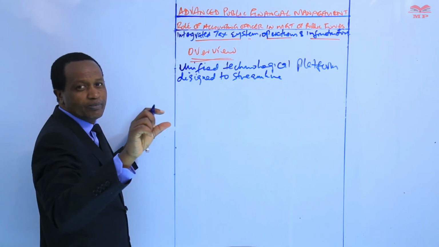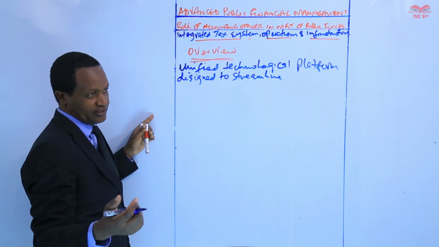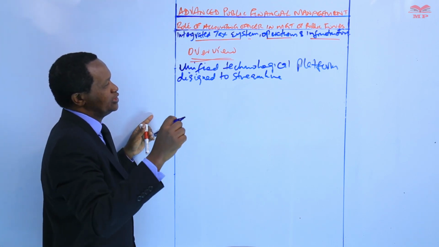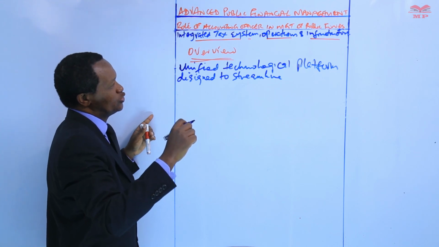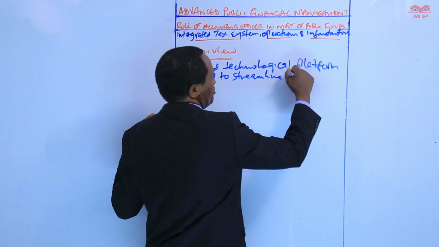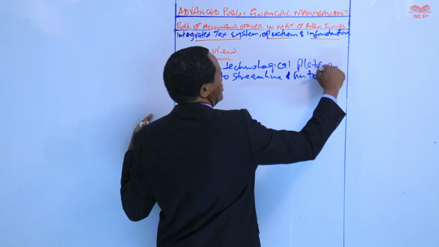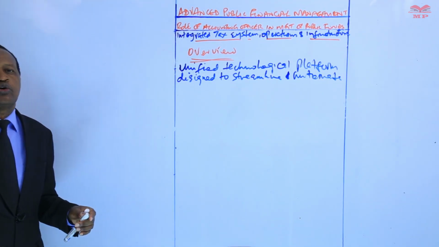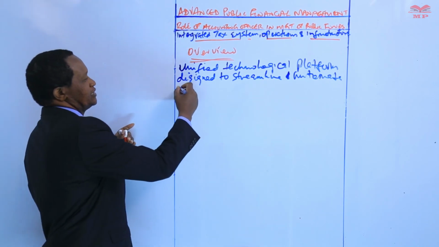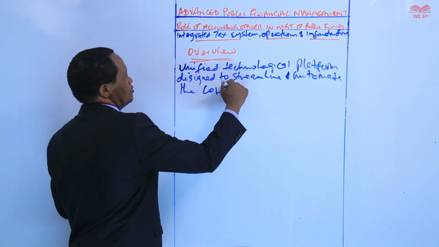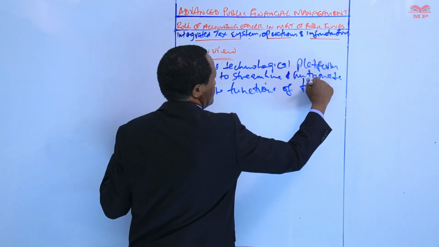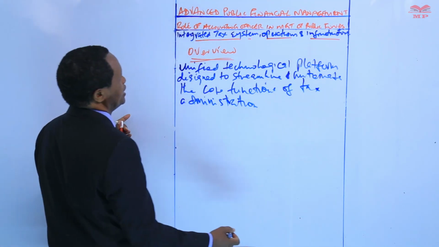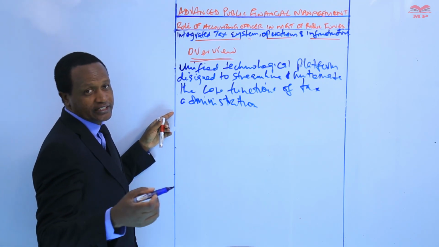It is designed to streamline and automate the various or the core functions of tax administration. That is the meaning of an integrated tax system.